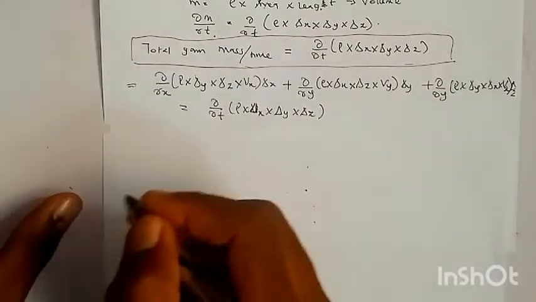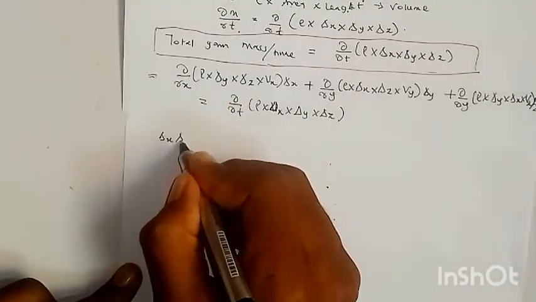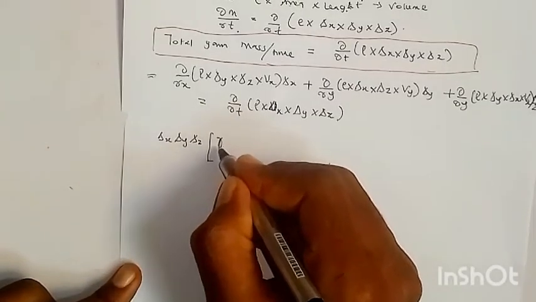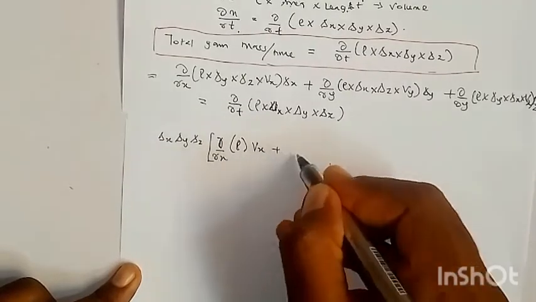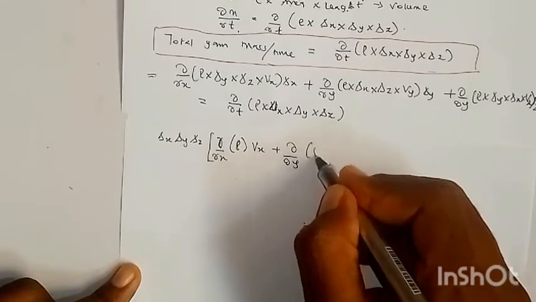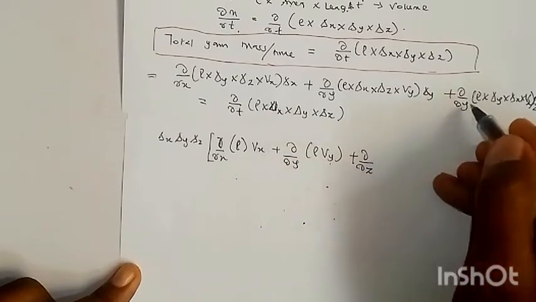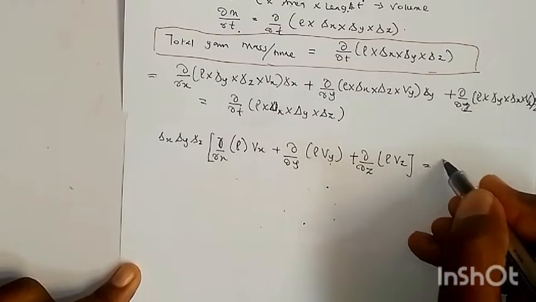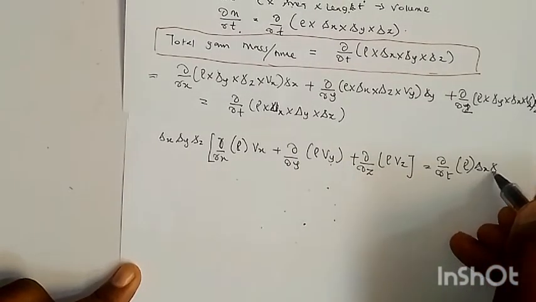So factoring out the volume, I have change in x, change in y, change in z, open bracket, d/dx times density vx plus d/dy times density vy plus d/dz times density vz, all equal to d/dt times density, change in x, change in y, change in z.